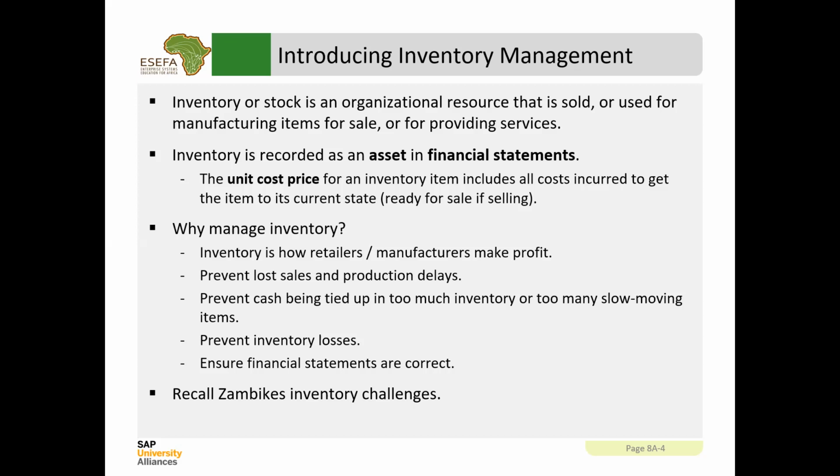So to prevent inventory losses, you have to have what is the minimum that I should keep so that my customers are not disappointed. My production is not stopped for the sake of there is no raw material. So every component, for example, if you are dealing with car production, how complex it is, you all know that if there is a shortage of bolts and nuts, then production will not go on.